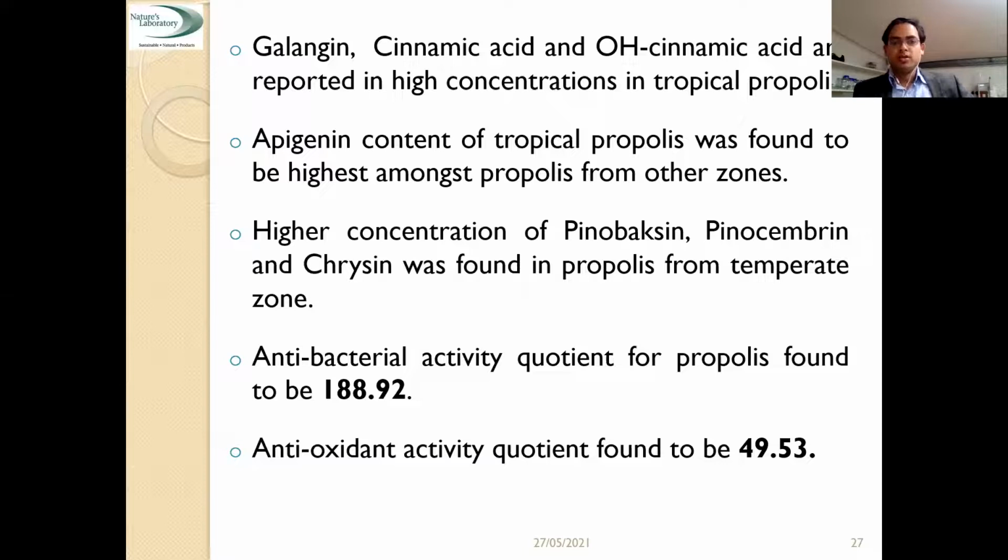But if you're focusing on generating a PBQ for anti-cancer, leishmaniasis, antiviral or any other activity, you need to identify which are the prominent molecules reported in propolis and see that they are included in your study, because as independent variables that is very important, so that you can have more confidence in the quotient which you derive by using the equation. But the concept can be the same.